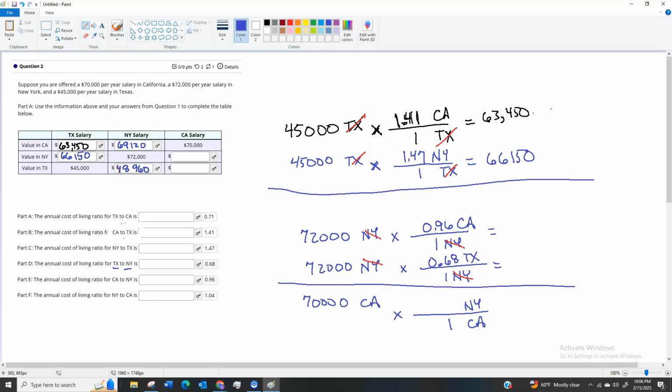So New York to California is this one. Let me erase this one. So New York to California is 1.04. So if we take 70,000 times 1.04, you get 72,800.